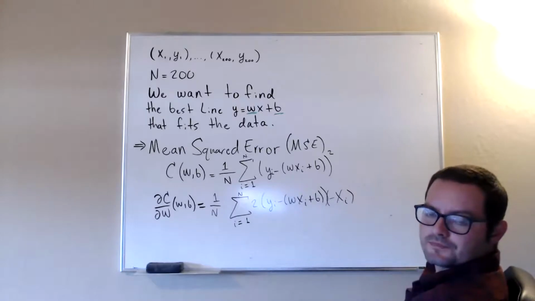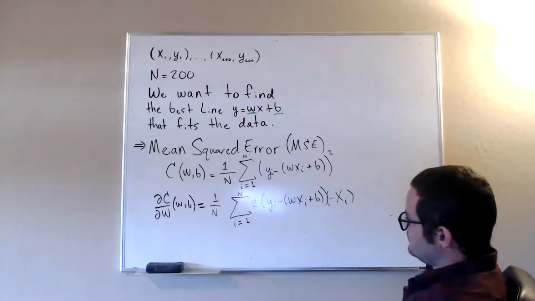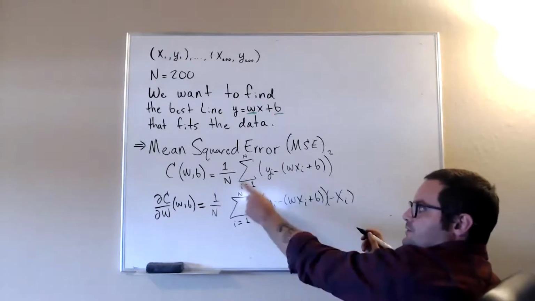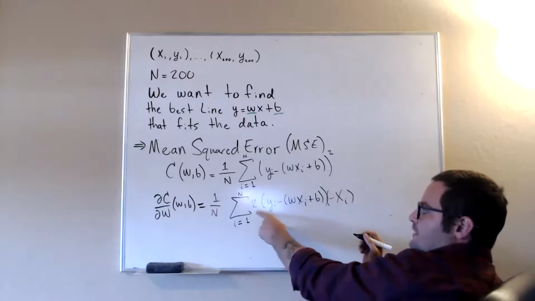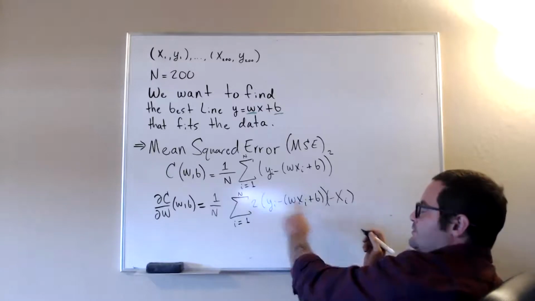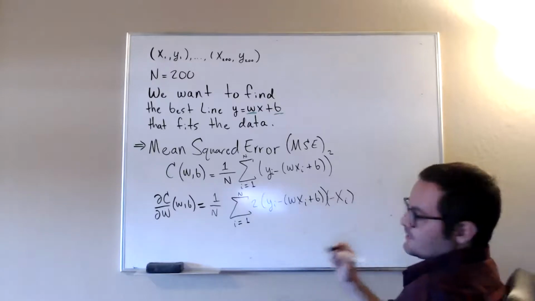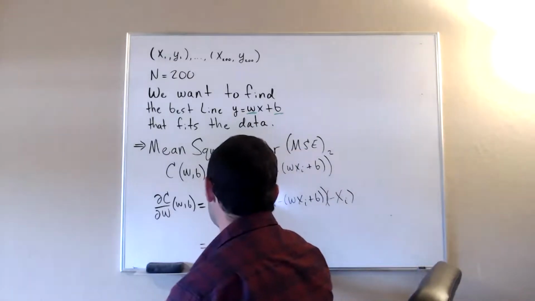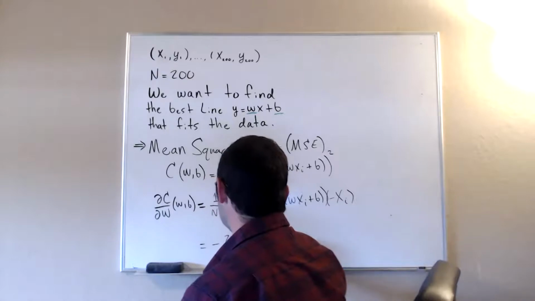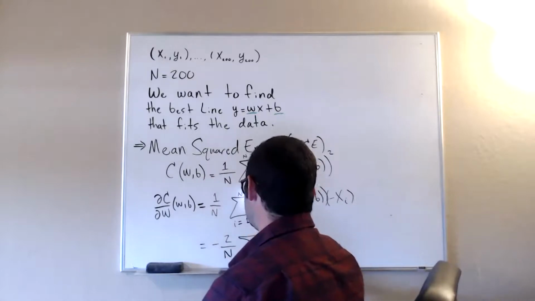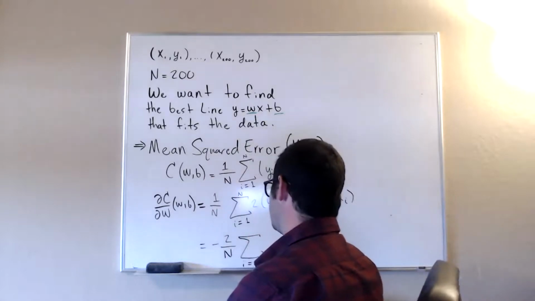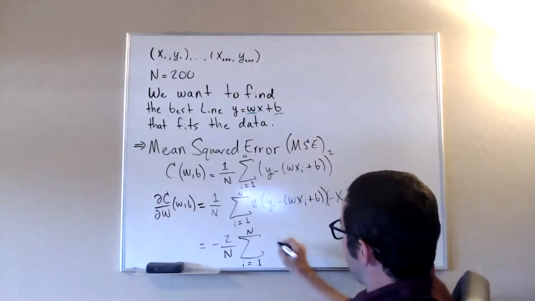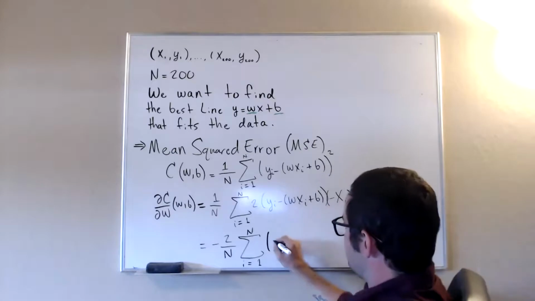Okay. So that's going to be the case for every single one of these n terms. So there's always going to be a common factor of 2 and negative 1, right? So we can factor that out, and we get negative 2 over n times the sum from i equals 1 to n of this stuff.